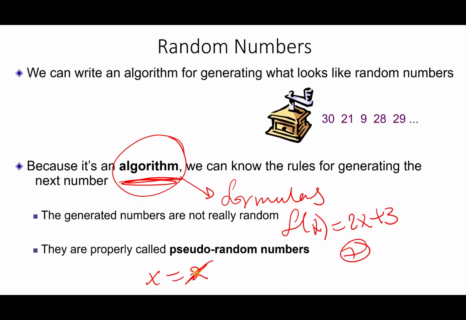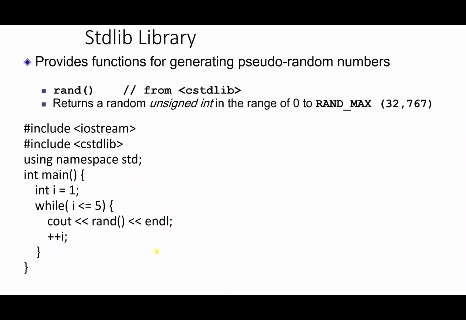If I say x equals 3, then you would say 6 plus 3, that gives you 9. And so on, right? So if I control the input, I control the output. So pretty much it's a pseudo-random number. It's not an actually random number, right?